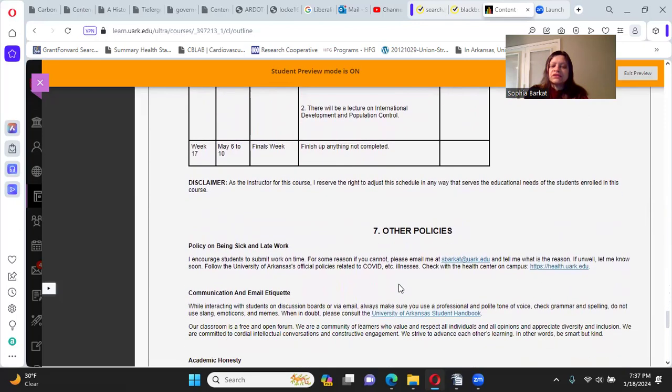Look at the other course policies. One of the big ones is on being sick or being late. I give you 2 weeks time frame for each assignment, but I know that students often have many things going on in their lives. You have more than one assignment that's due.